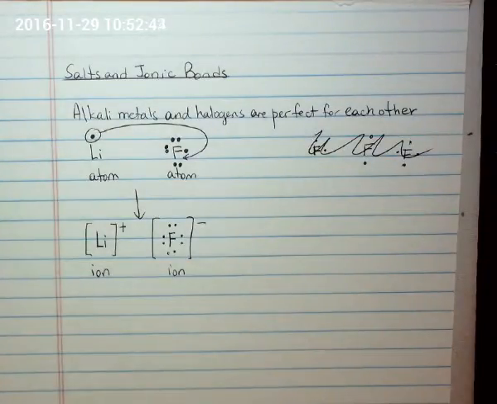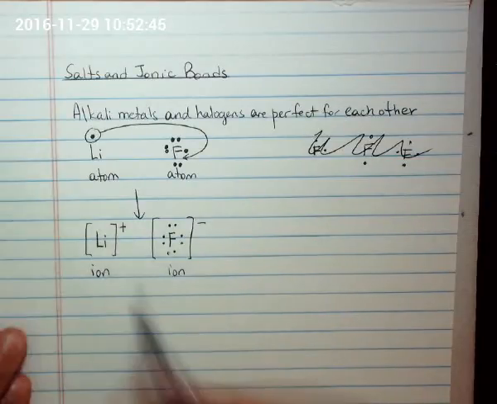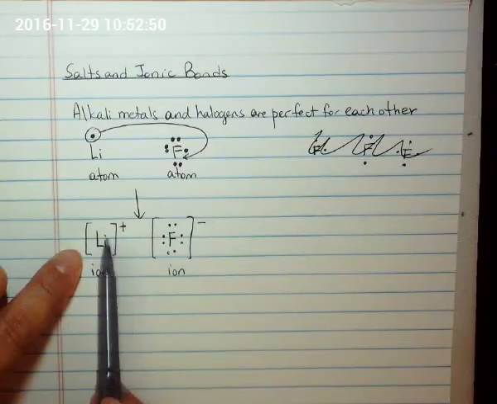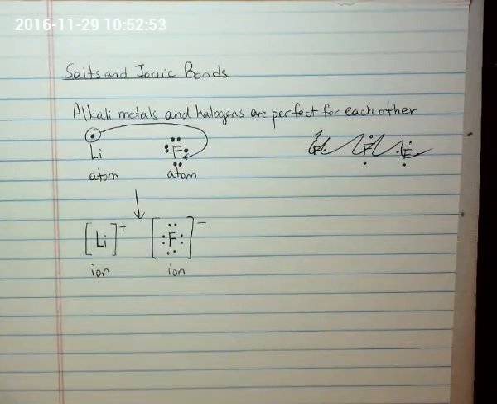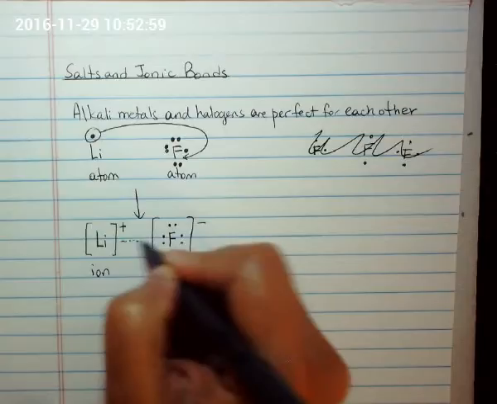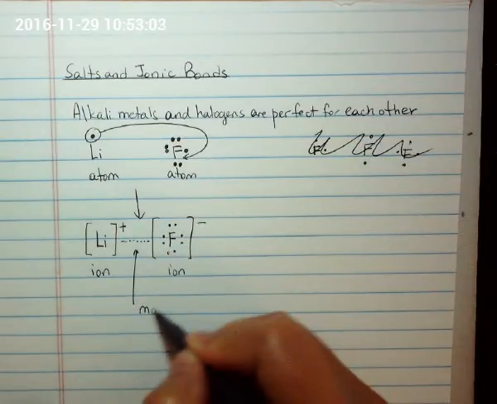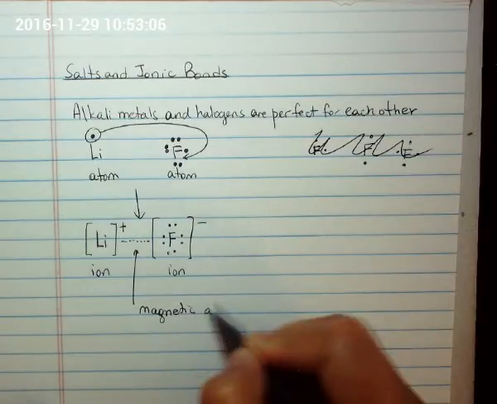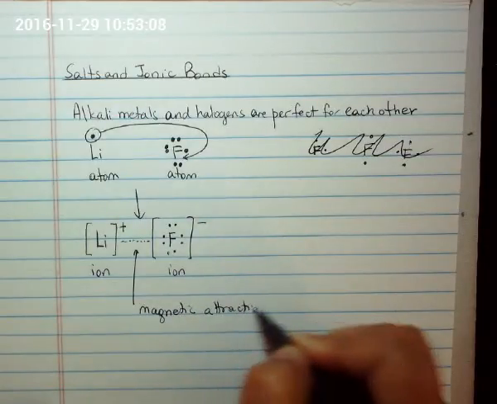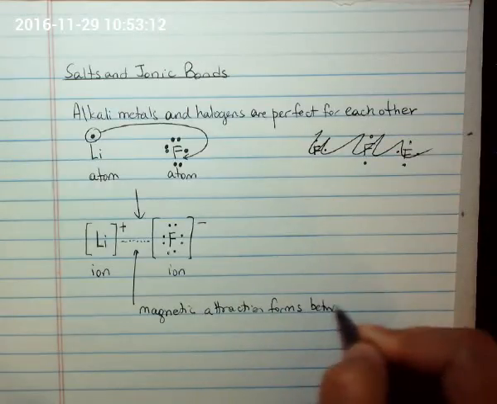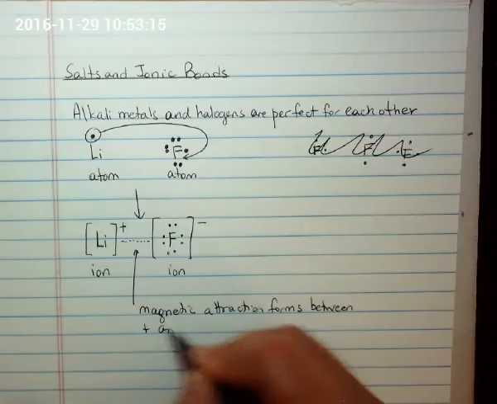Okay? All right. Now, what I've essentially created is two little magnets. One having a positive pole, one having a negative pole. And if two little magnets of opposing signs are next to each other, what do they do? They magnetically attract. So I'm going to basically draw that with a little dash line. So there's a magnetic attraction that forms between the positive and the negative ion.